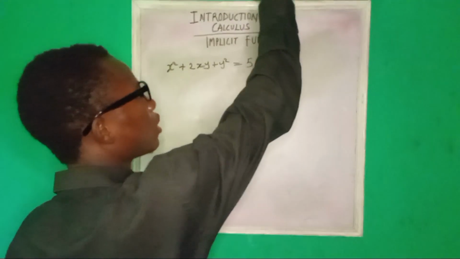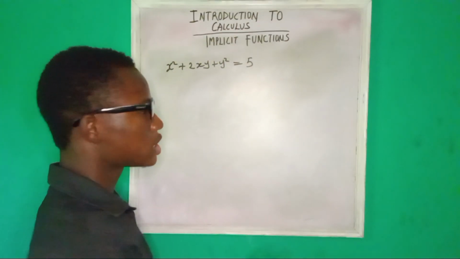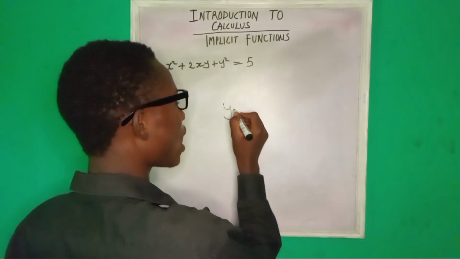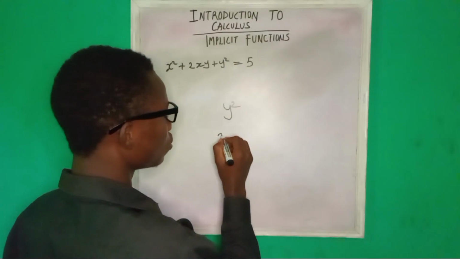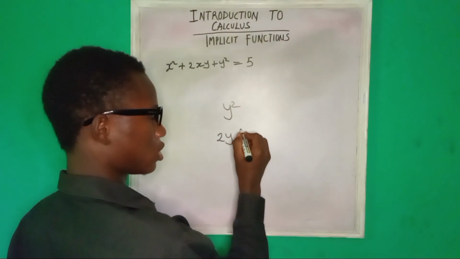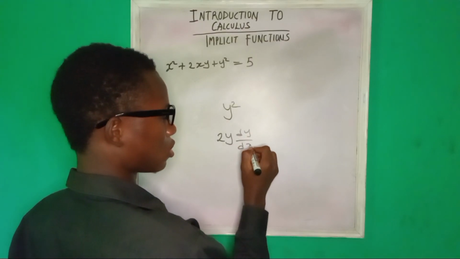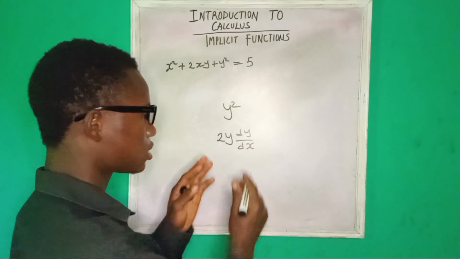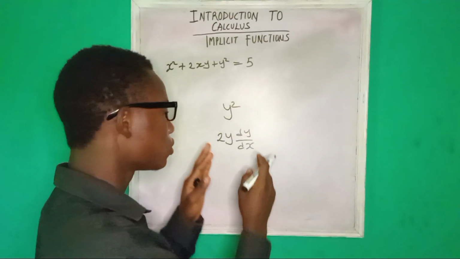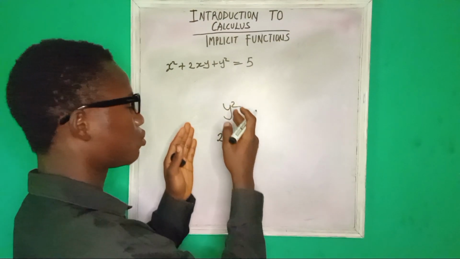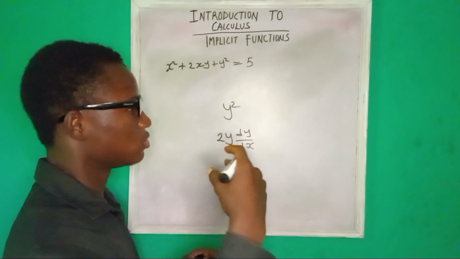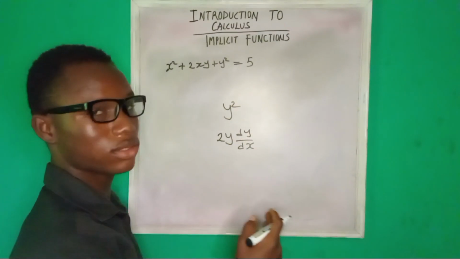But if we are now looking for the derivative of something like y squared, differentiating this is going to be 2y dy dx. This is how we are going to put it there, as we are going to put the derivative multiplied by the main value, that is dy dx.